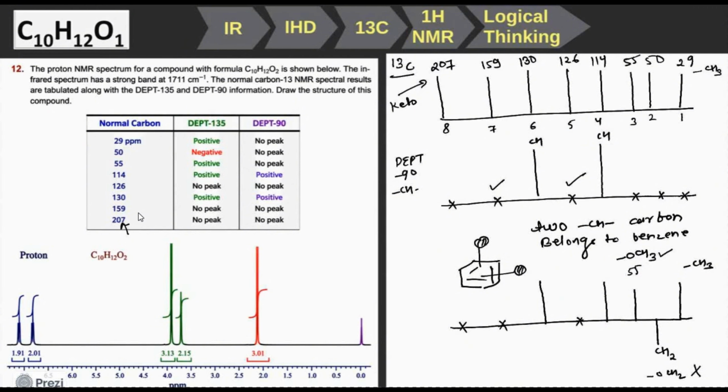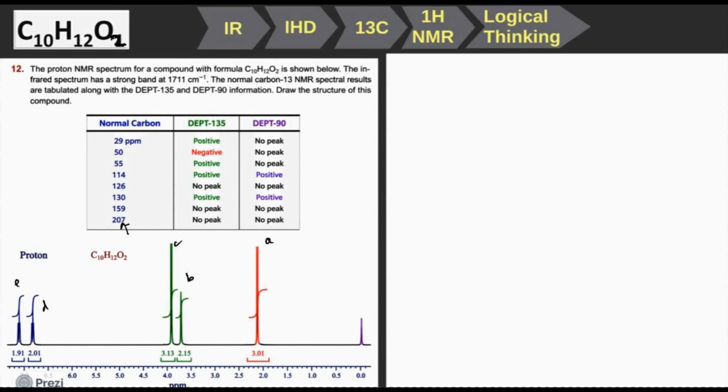Okay, so what information we are getting from all these carbon NMRs is that the benzene is disubstituted, right? Because two quaternary carbons are there, so benzene is disubstituted. Second information is that the compound has OCH3. It also has CH2 and methyl. This one, yes, methyl group.